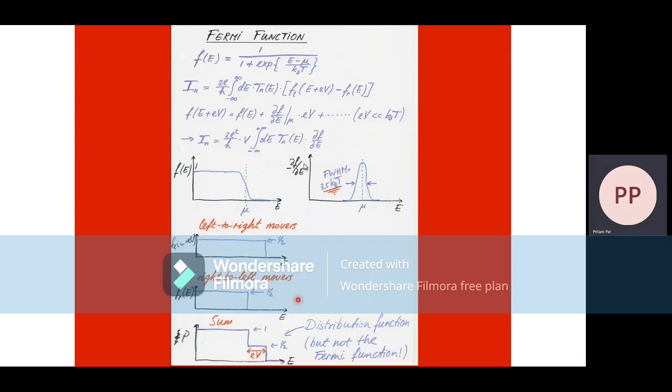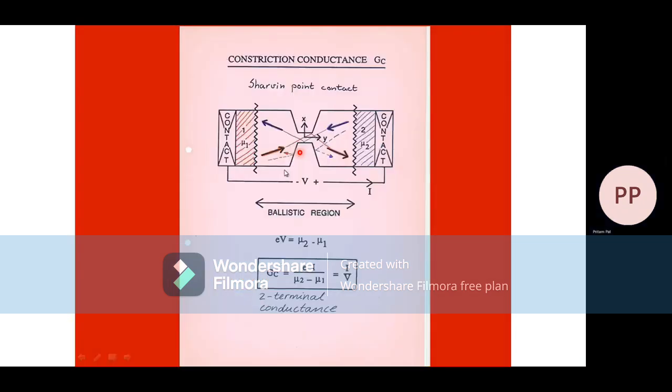The Fermi distribution that is highlighted here is characteristic of the leads that are far away from the constriction. This is also underscored in this slide, which shows that inside the ballistic region, trajectories are perfectly specular.